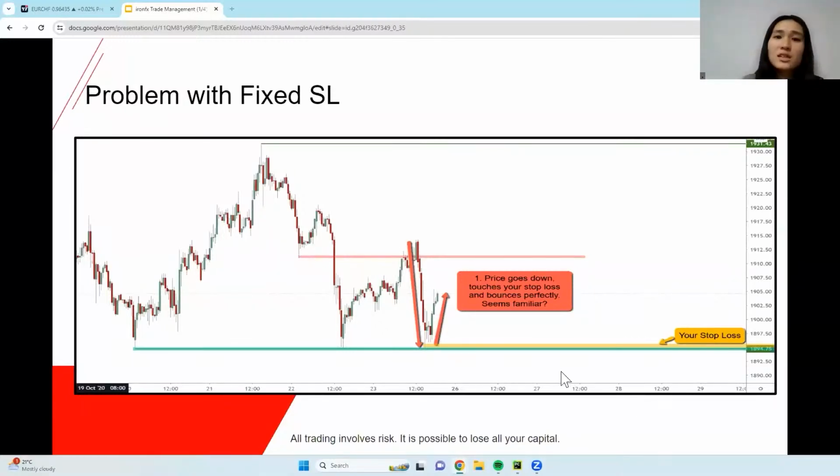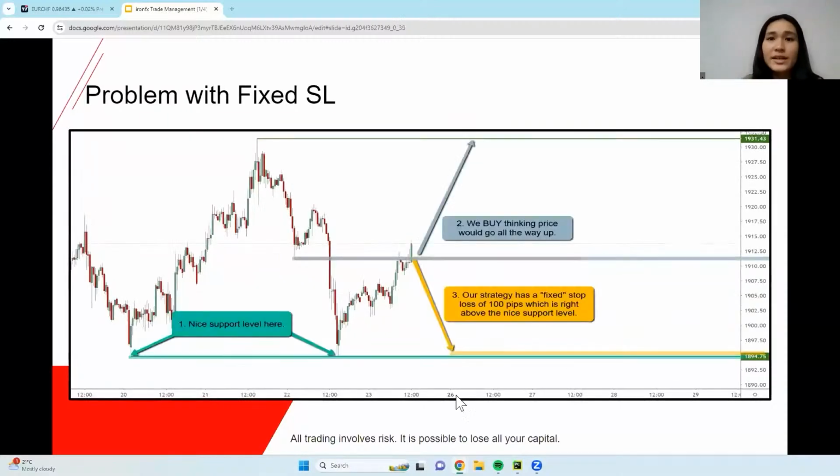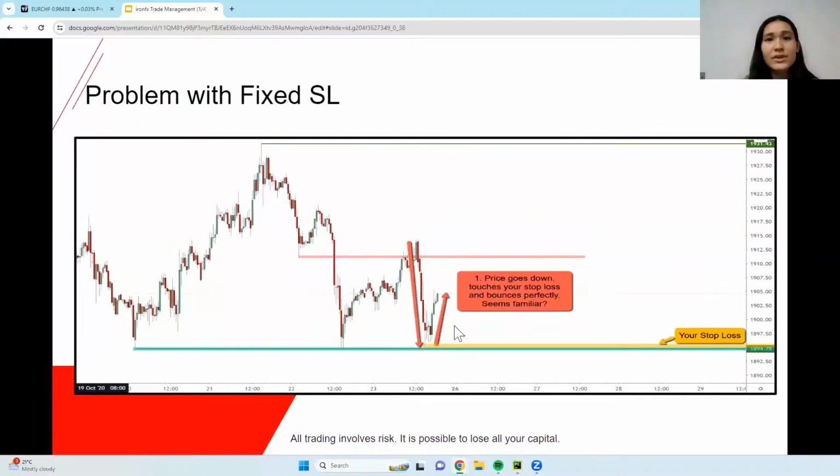Remember, as in our previous slide, the stop loss is here, and we're going in for a buy, thinking that price will go all the way up to our resistance over here at 1931.43. But instead it reverses and bounces off our stop loss.